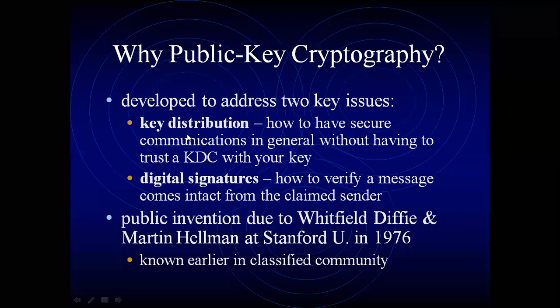Key distribution means how you securely communicate in general without having to trust a KDC, the key distribution center, with your key. It means that whenever you publicly send the encrypted data, you attach the public key, so that it can be distributed among all the communication channels, so it is not at all secure. That is the reason we cannot always use only the public key.